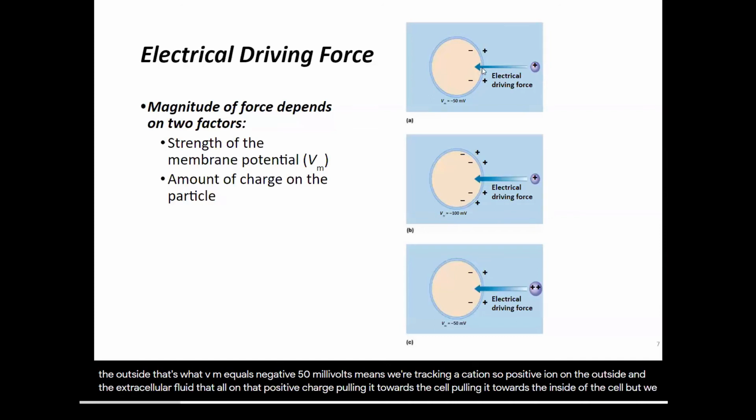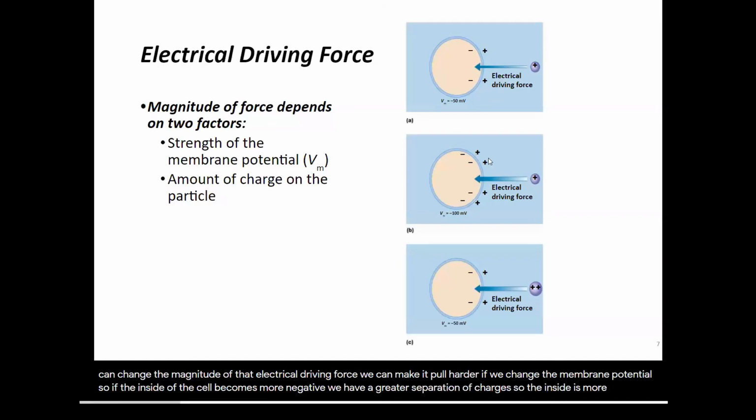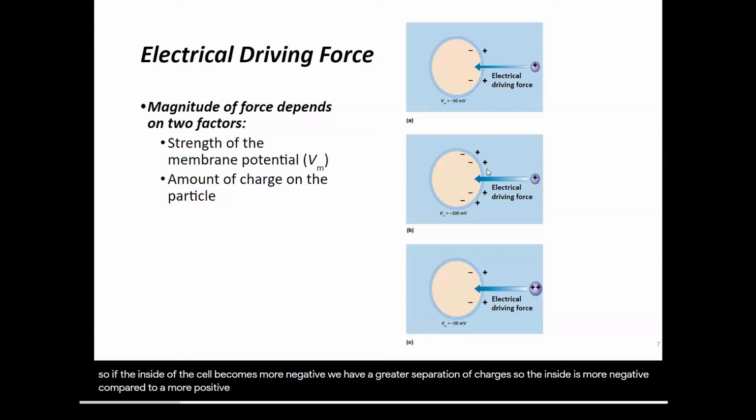But we can change the magnitude of that electrical driving force. We can make it pull harder if we change the membrane potential. If the inside of the cell becomes more negative, we have a greater separation of charges. The inside is more negative compared to a more positively charged outside, so we get -100 millivolts on the inside.